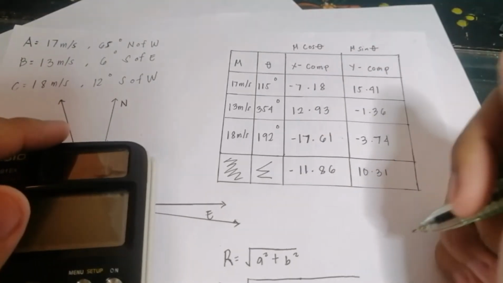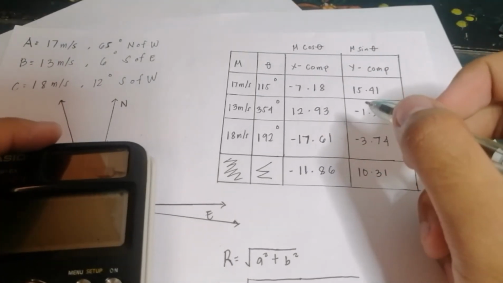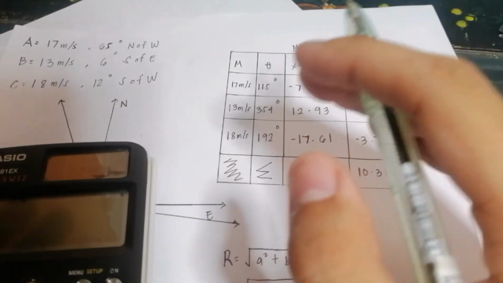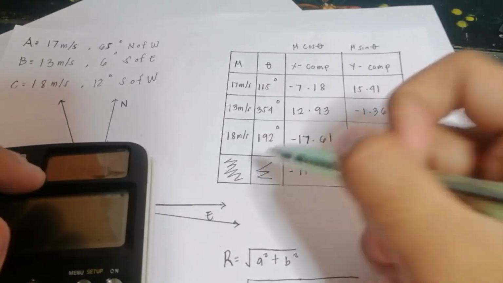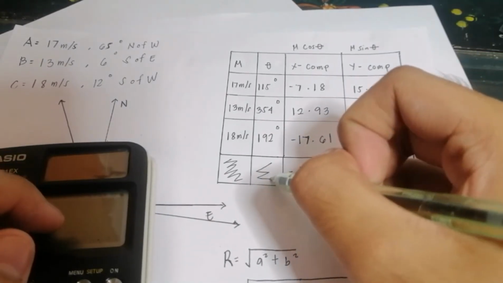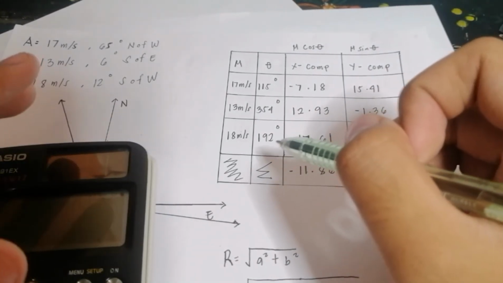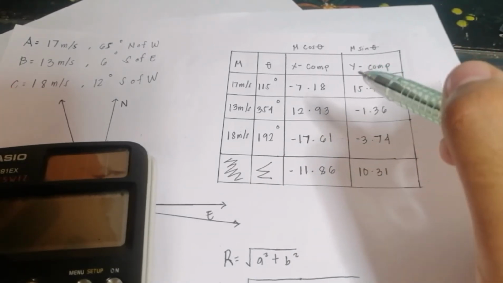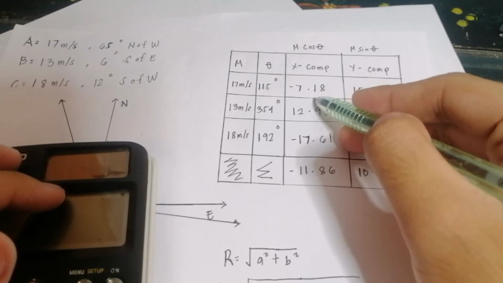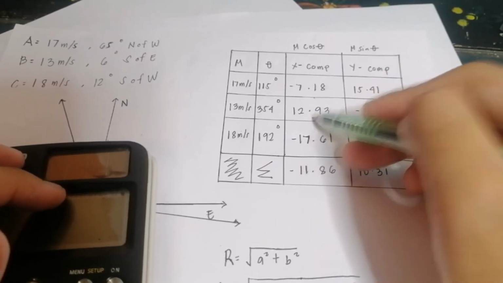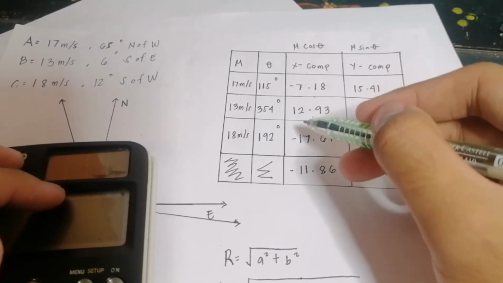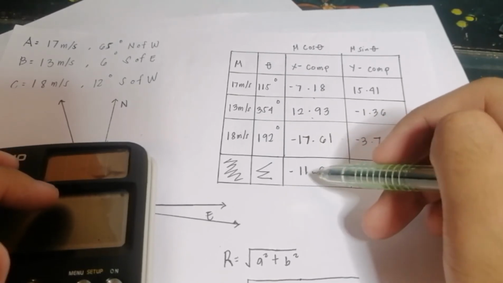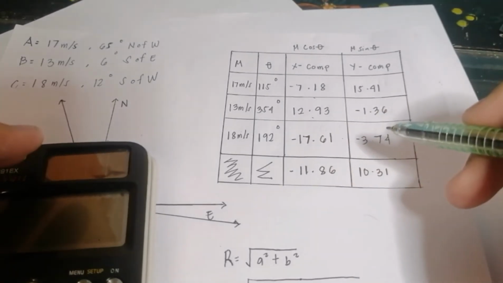So, we're not done yet. The next step is to get the sum of all the x and y components. The first is to add the x components: negative 7.18 plus 12.93 plus negative 17.61 equals negative 11.86.